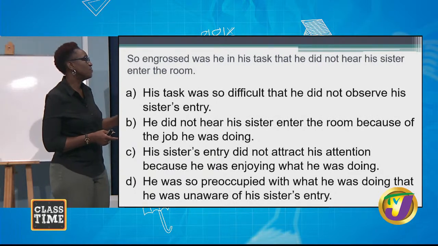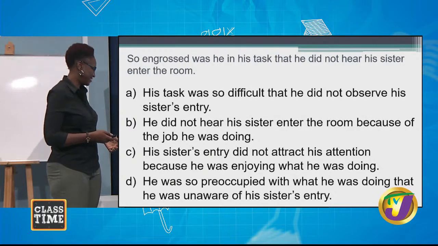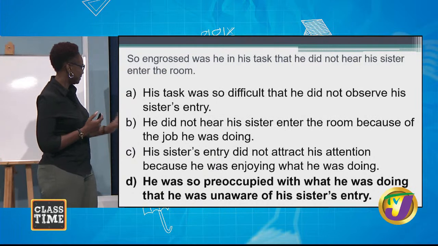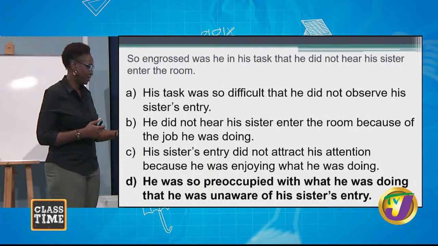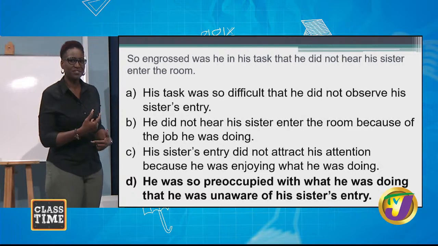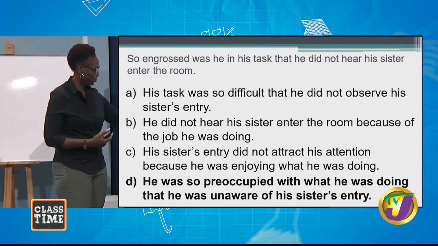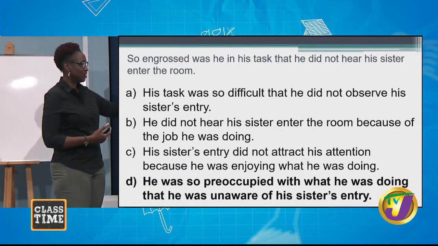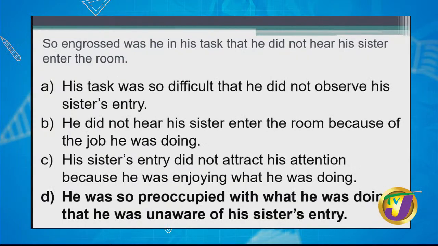So which of these four gives you the same meaning? You see it? Of course. Yes, you are correct. The last one, he was so preoccupied with what he was doing that he was unaware of his sister's entry. He was so engrossed, preoccupied. He did not hear her enter. He was unaware that she had come into the room.